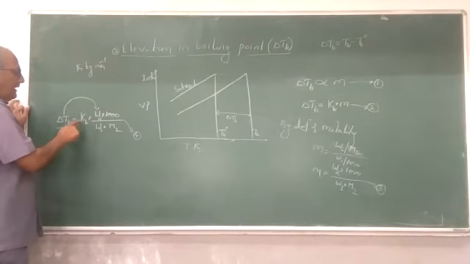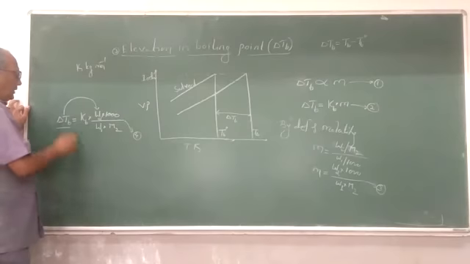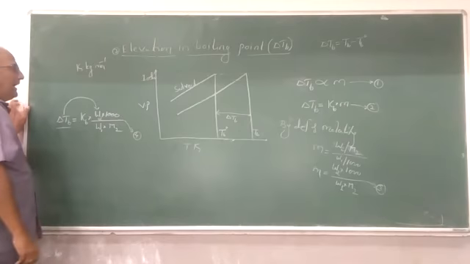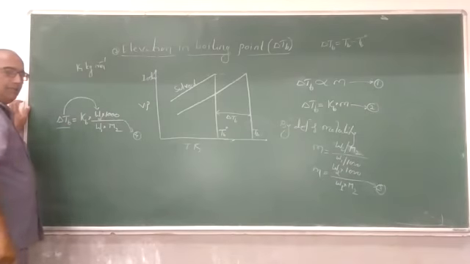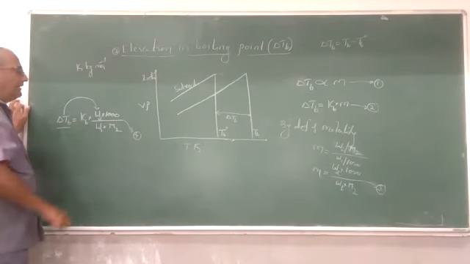So keeping Kb, W1 and M2 constant, delta TB is directly proportional to W2. It indicates that the elevation in boiling point, that is the increase in boiling point, is directly proportional to the mass of a non-volatile solute added into the solvent.